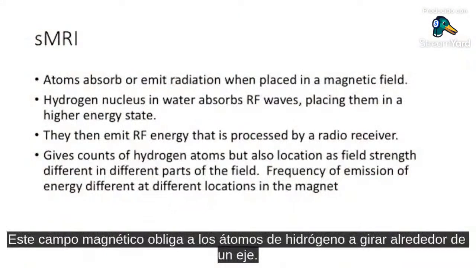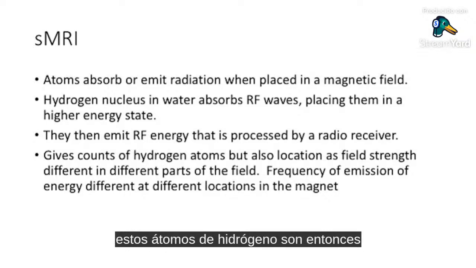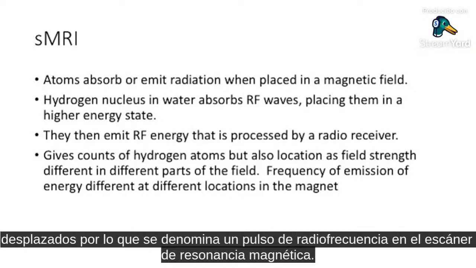This magnetic field forces hydrogen atoms to rotate around an axis. Hydrogen atoms are found in higher degrees in tissue that includes a lot of water. And these hydrogen atoms are then displaced by what's called a radio frequency pulse in the MRI scanner.